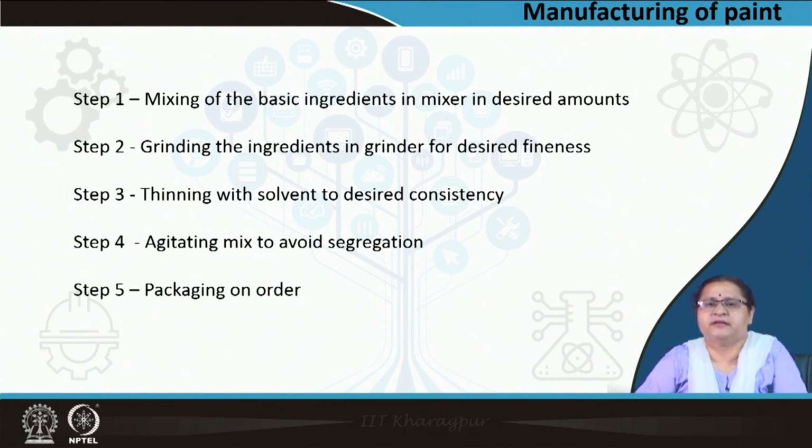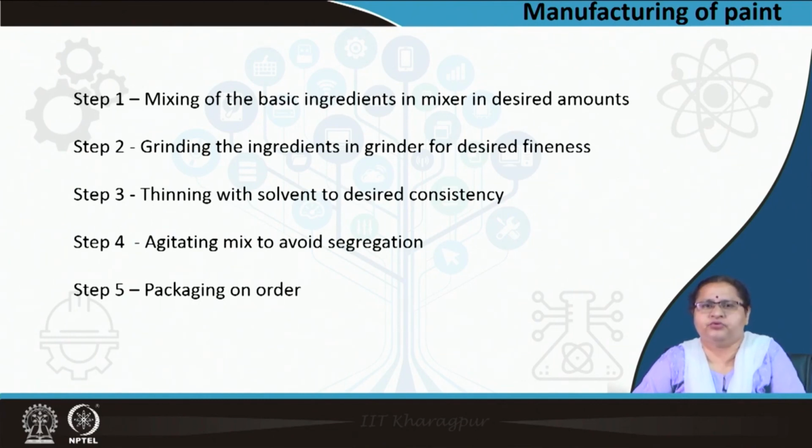So what happens? The particles are getting further reduced in size, and then they are passed into the thinning tank where the solvent is added to get the desired consistency. So that is step 3, where you are doing the thinning and going for quality check so that you are getting the desired consistency of the paint.